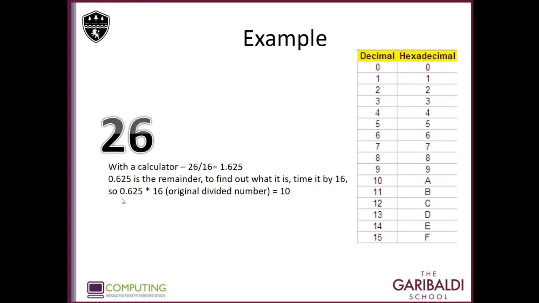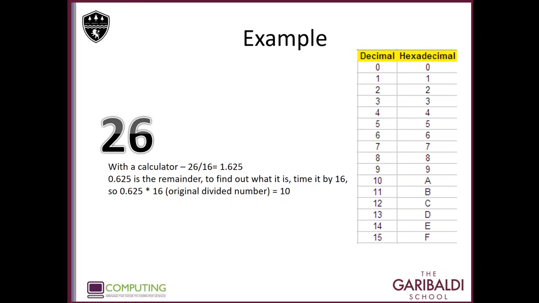Now you've got the remainder 0.625, so what we need to do is times it by 16. So 0.625 times 16 equals 10.